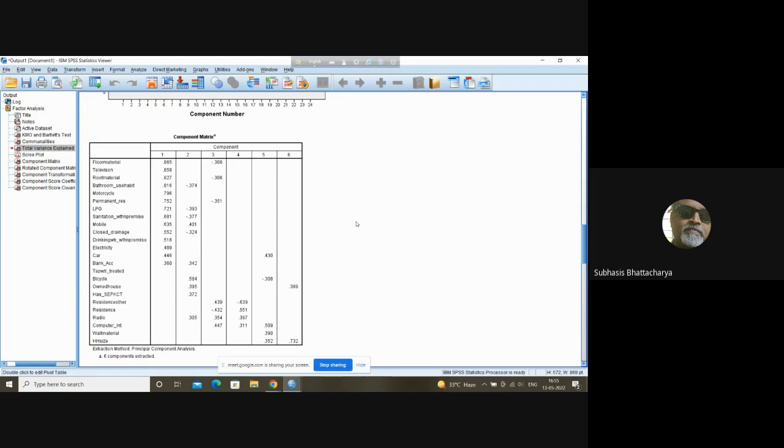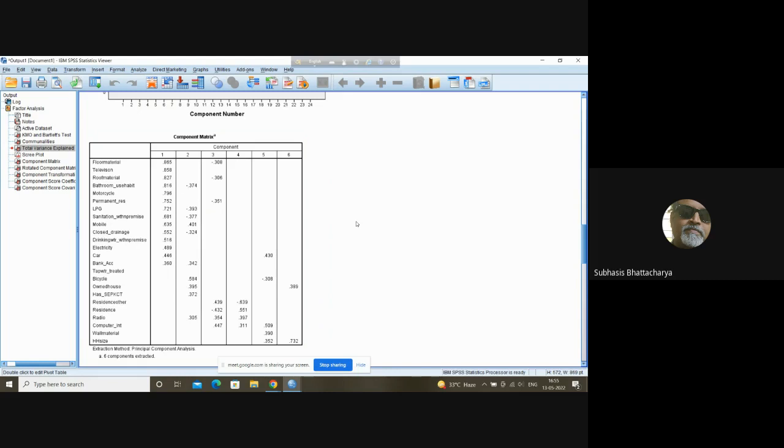That means it is a significant factor. You have to identify the important variables out of such a set of 15 or 16 variables.